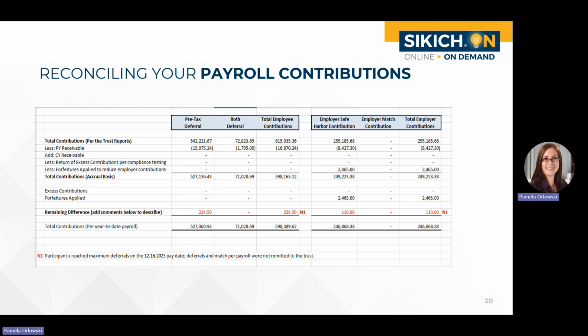And then we have our payroll numbers that agreed to the previous slide. And we can see we had that small difference. And you had already identified what that was and explained it in that timeliness of contributions reconciliation that you were doing each pay period. So you knew what it was, and you didn't have to look at anything further.